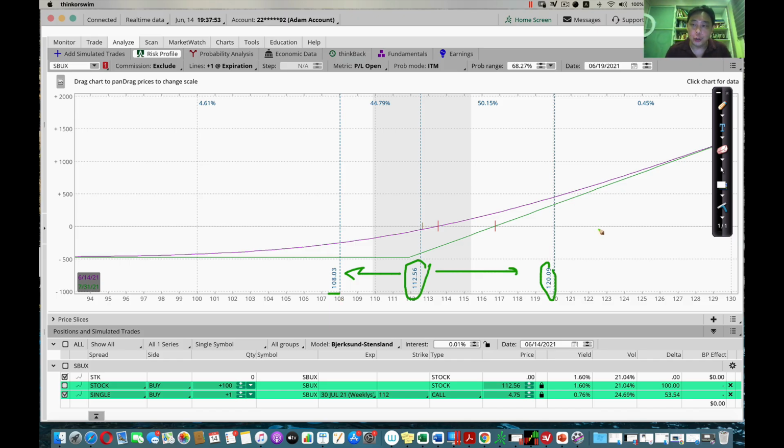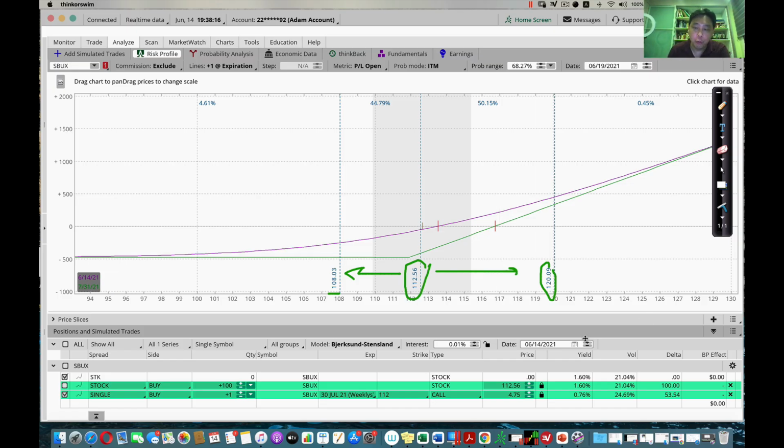We can look at the chart. So again, this purple line tells you the profit and loss on the date today, which is the 14th of June. Now, as time passes, the call option will lose value, lose value, lose value until it reaches the green line, which is the profit and loss at the expiration date.